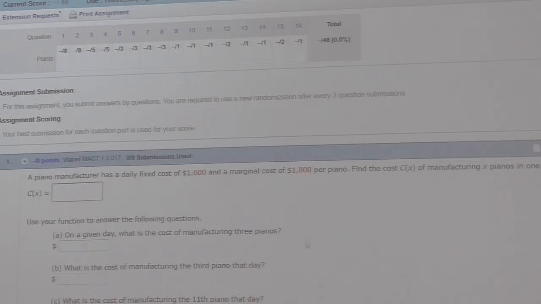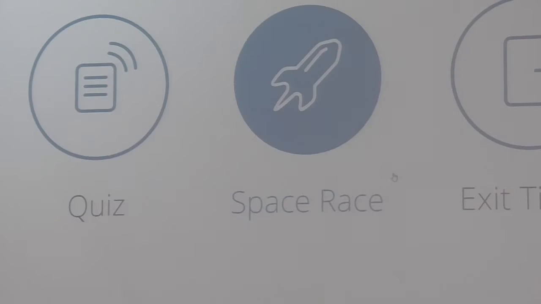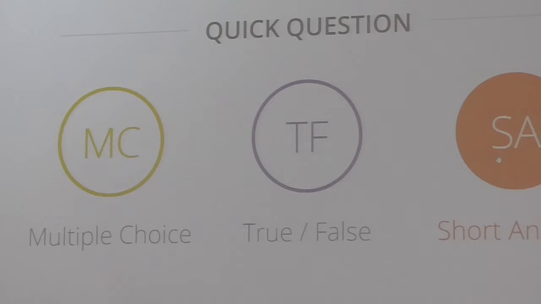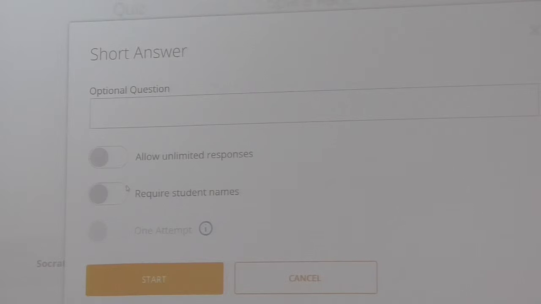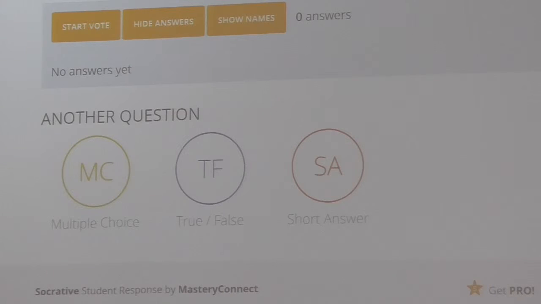Like this one. When you give me your name, just give me your student ID, not your name. So, one second, and I'll show you the question again.